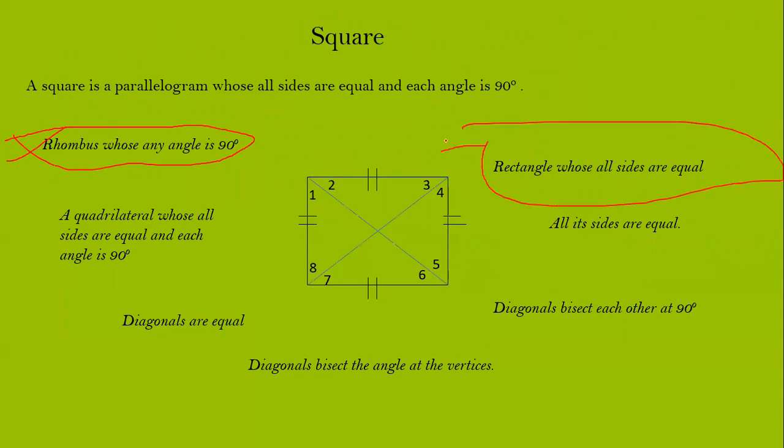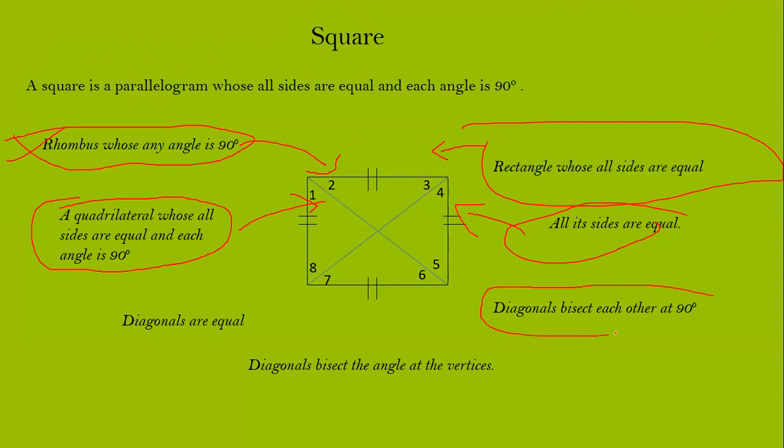Another property of a square is a property of rhombus. Diagonals bisect each other at 90 degree. Diagonals are equal, a property of rectangle. Again, this is a property of parallelogram.